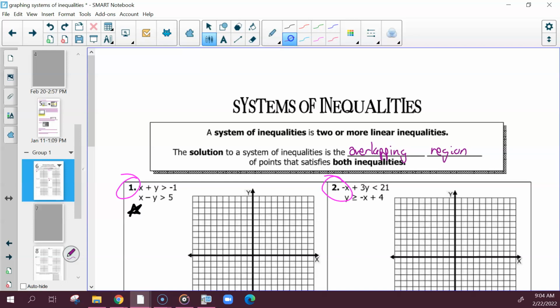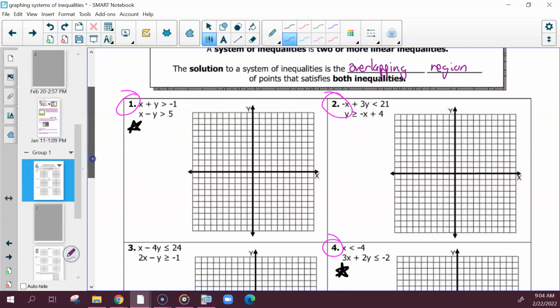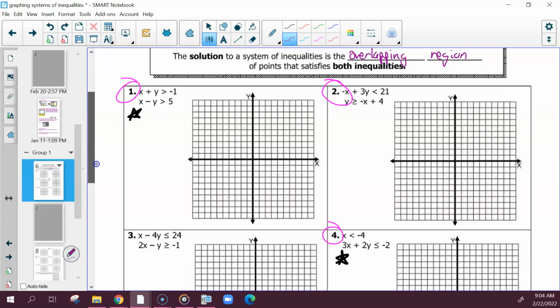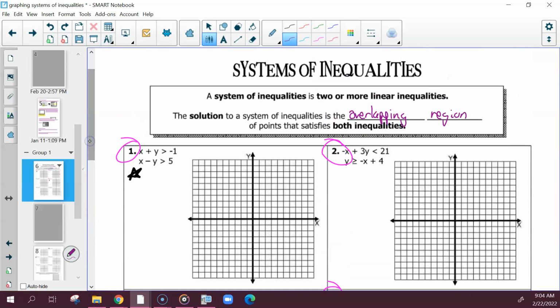The blank at the top of this is overlapping region. Are we getting back? Wait, it said overlapping region? Yeah.